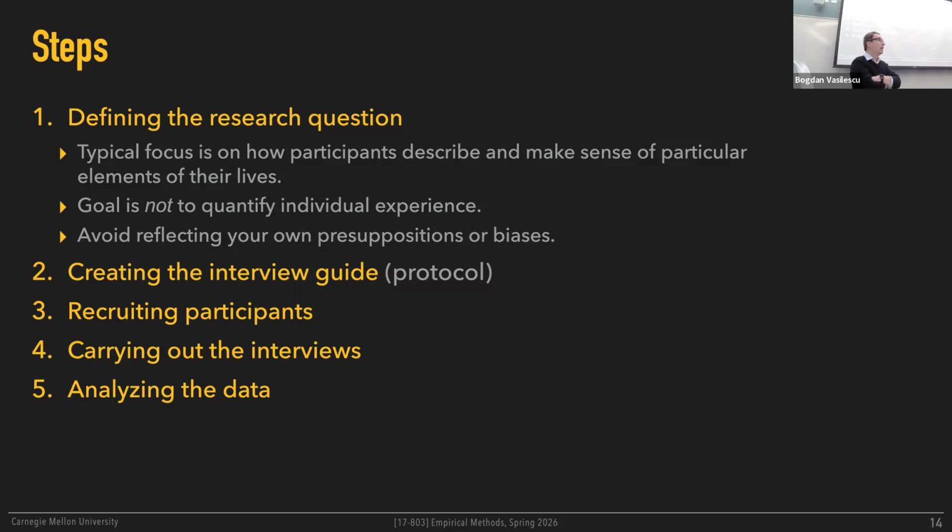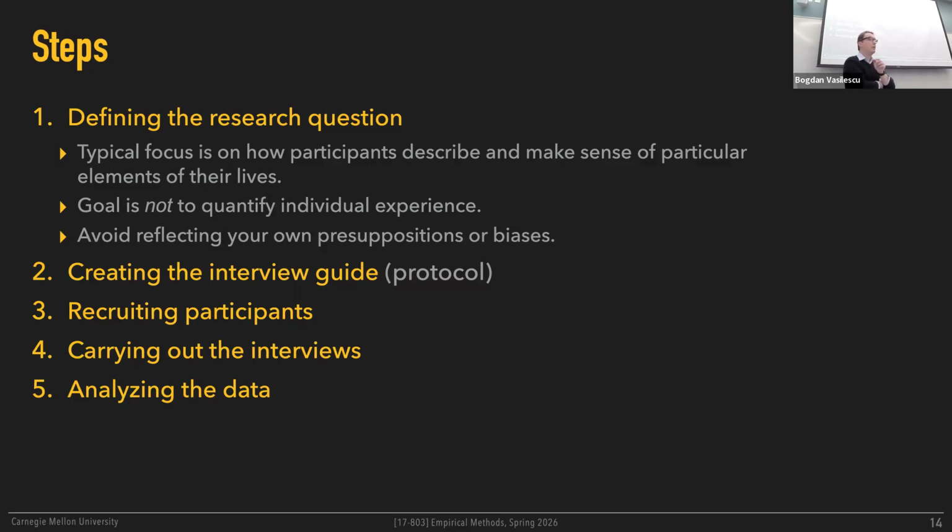As I mentioned, the goal is not to quantify things, but rather to discover all of these ways in which people do or understand something. Try avoiding your own presuppositions or biases about the value of the practice when you're doing this. Try to understand everything from the perspective of your interview participants and avoid injecting your own.